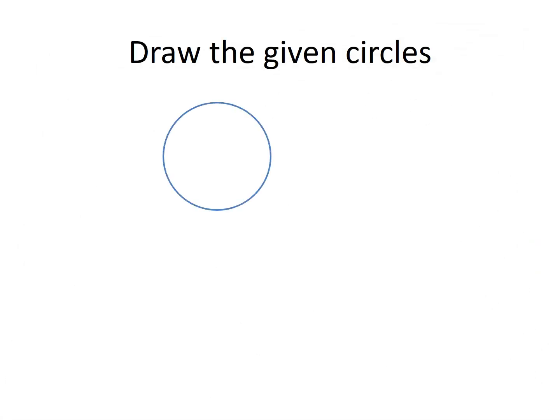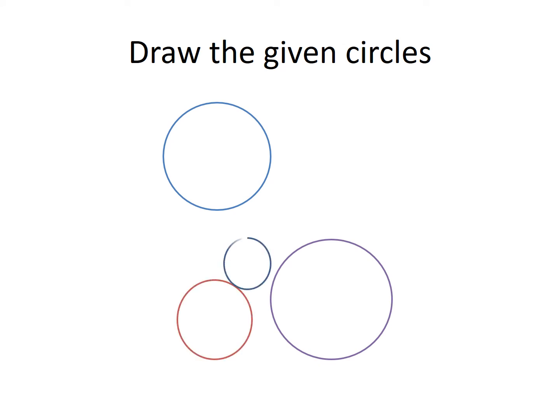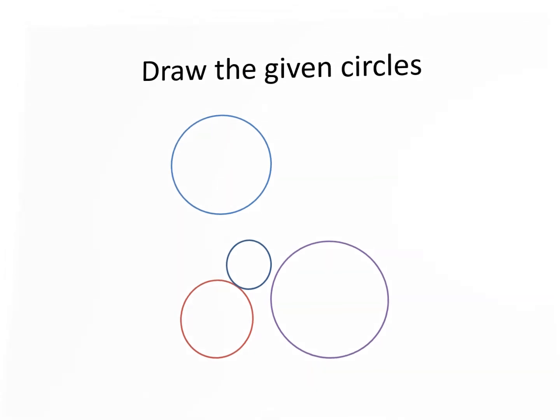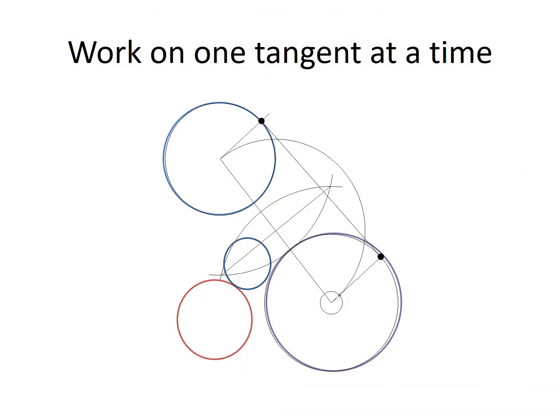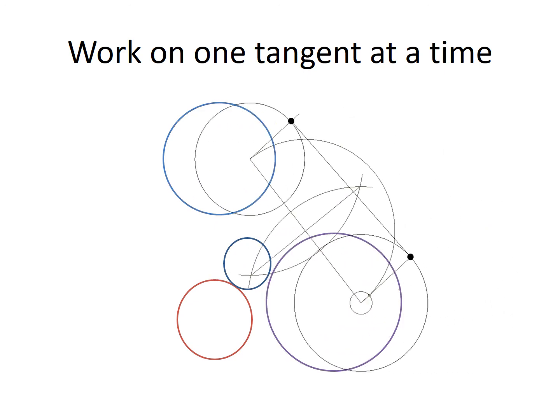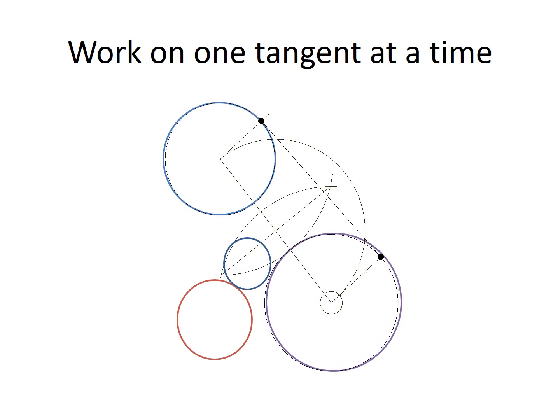We would first draw the given circles. We will work on one tangent at a time. For instance, we will look at the tangent between the two larger circles. They are unequal, and the tangent is on the outside, so it's a common external tangent to two unequal circles, and we apply that construction.